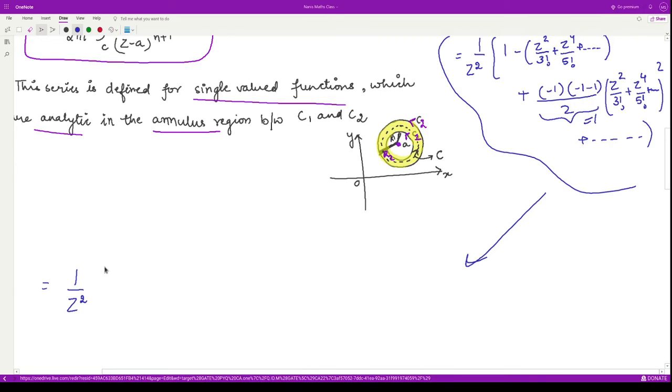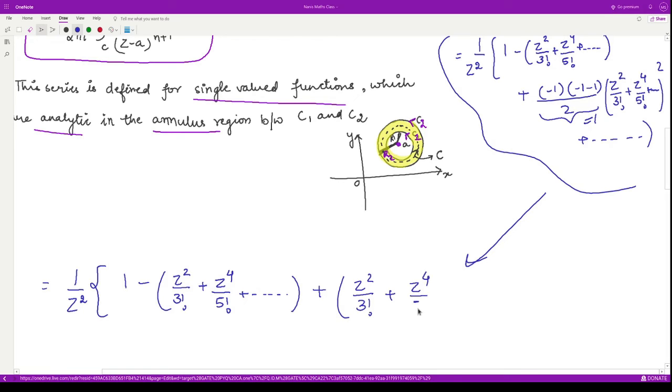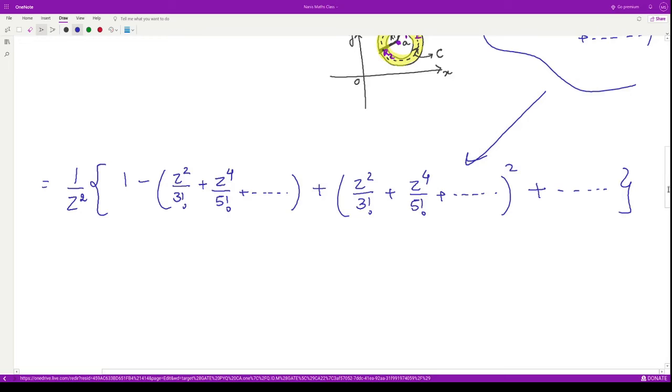So we would be left with 1 minus z square by 3 factorial plus z raised to power 4 by 5 factorial plus so on, right? And then we would have plus z square by 3 factorial plus z raised to power 4 by 5 factorial plus so on, squared, and terms continuing like this. So this is our final expression.